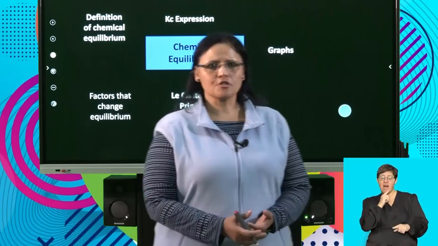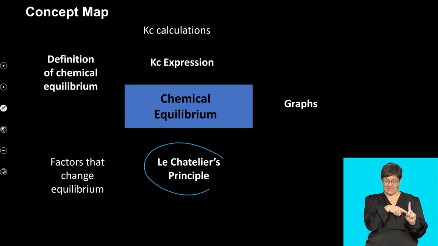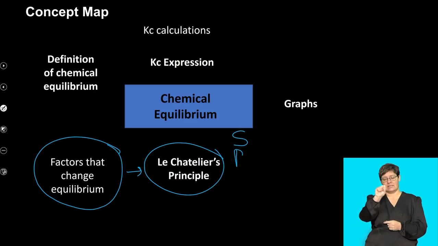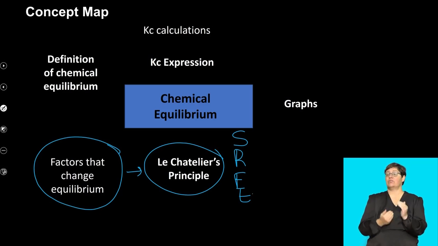I would now like us to go into this session where we will use Le Chatelier and look at the factors that change the equilibrium, and also show the S, R, F, E that we spoke about in the previous section. Remember, the S is for the stress, the R is the response, the F is which side or which reaction will be favored, and the E is the effect after equilibrium.